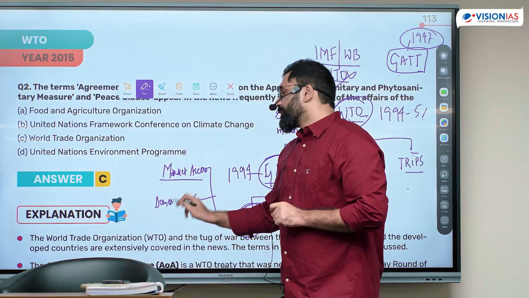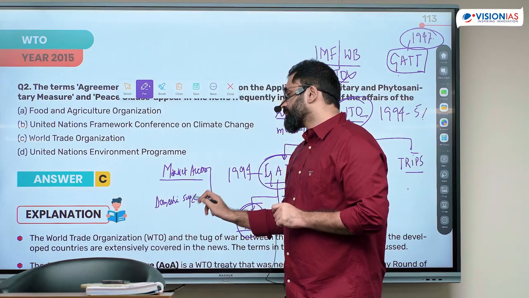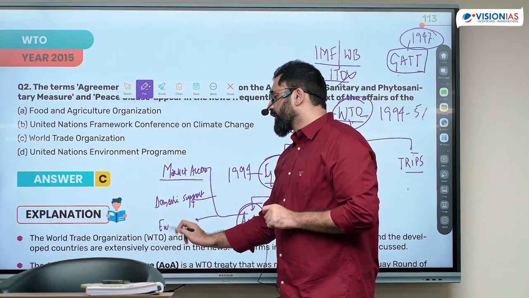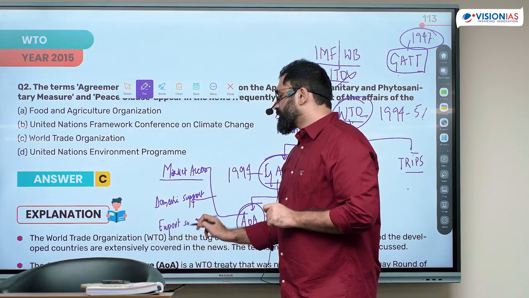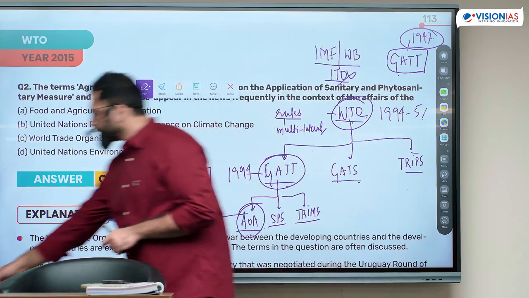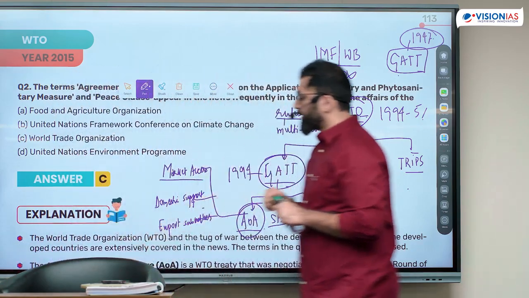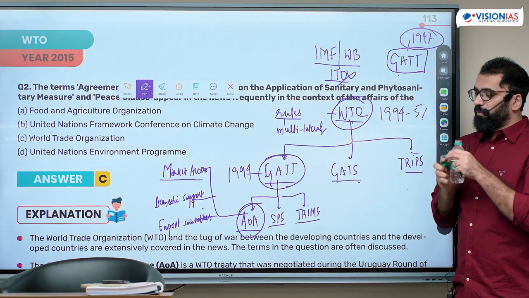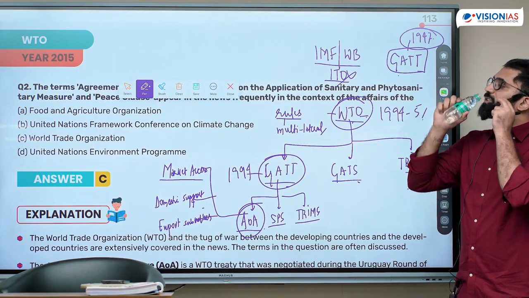Second was support to the farmers, domestic subsidies, and the third was subsidies given for export. The three broader things under agreement on agriculture: market access, domestic support, and export subsidies.